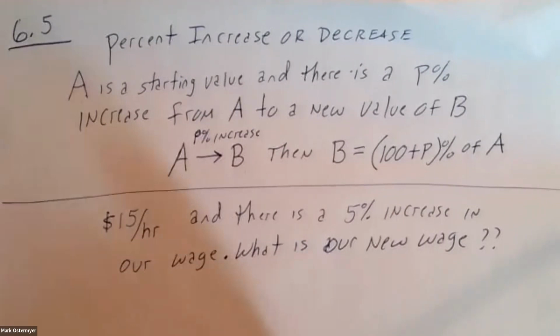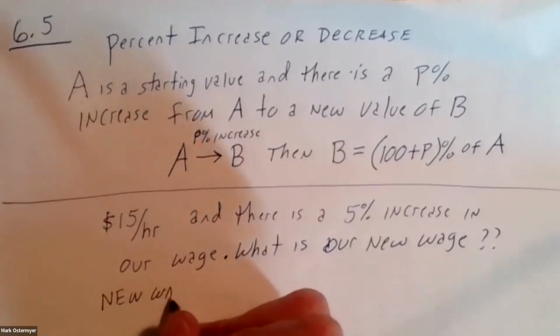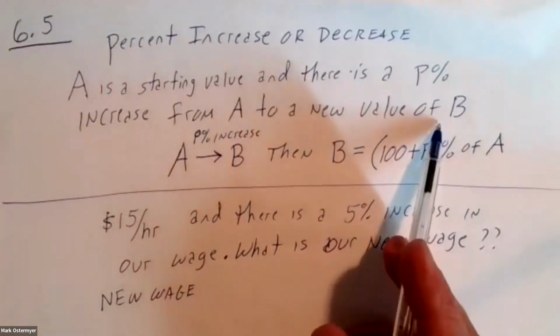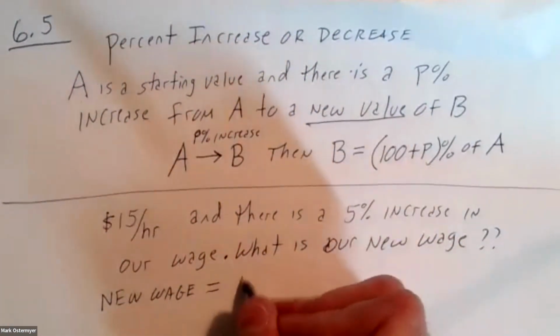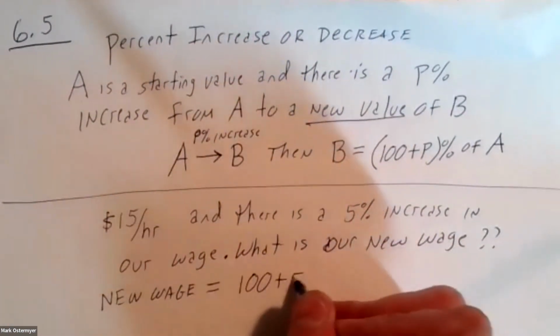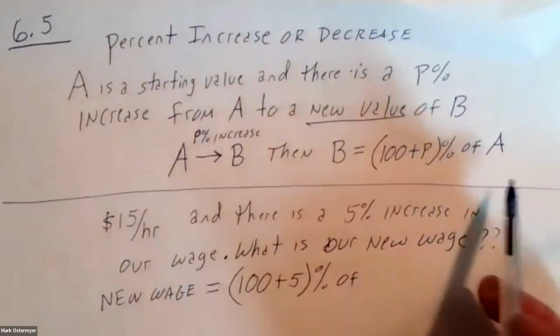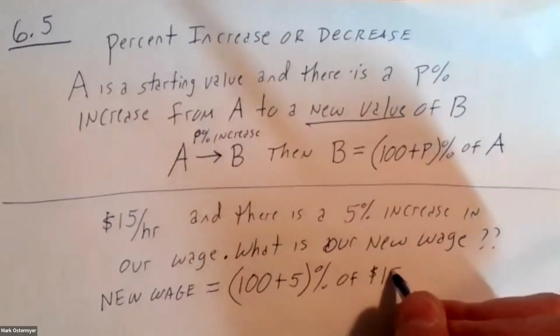Well, the new wage we're going to be making is like our B. It's the new value. Our new wage, therefore, would be equal to 100 plus 5% of our old wage, which is $15 per hour.